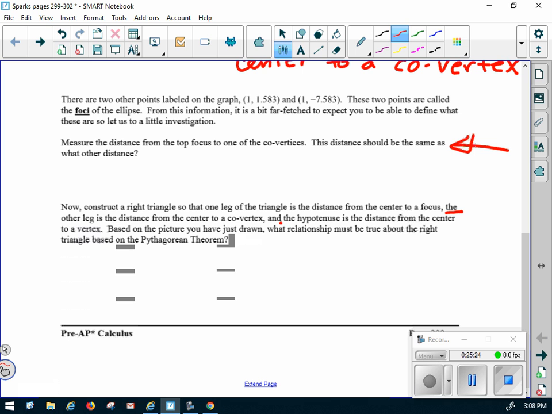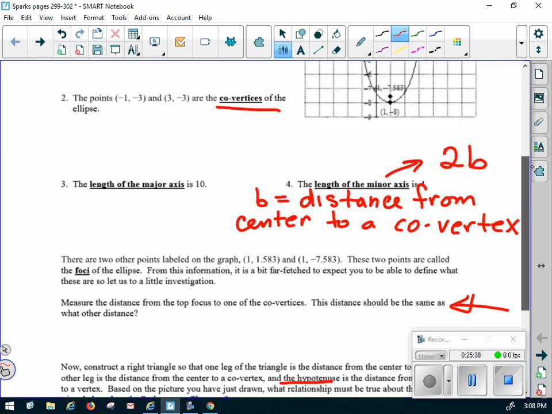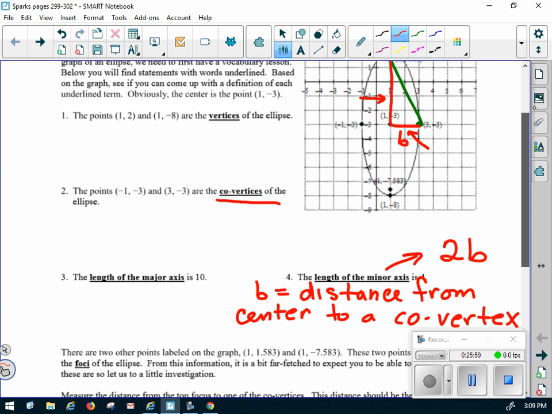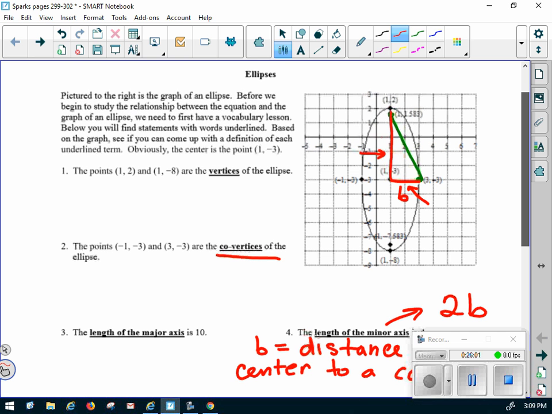And then the last one, the hypotenuse, is from the center to a vertex. One leg is from the center to a focus, the other leg is from the center to a co-vertex, and the hypotenuse is from the center to a vertex. A real weird way of saying that.